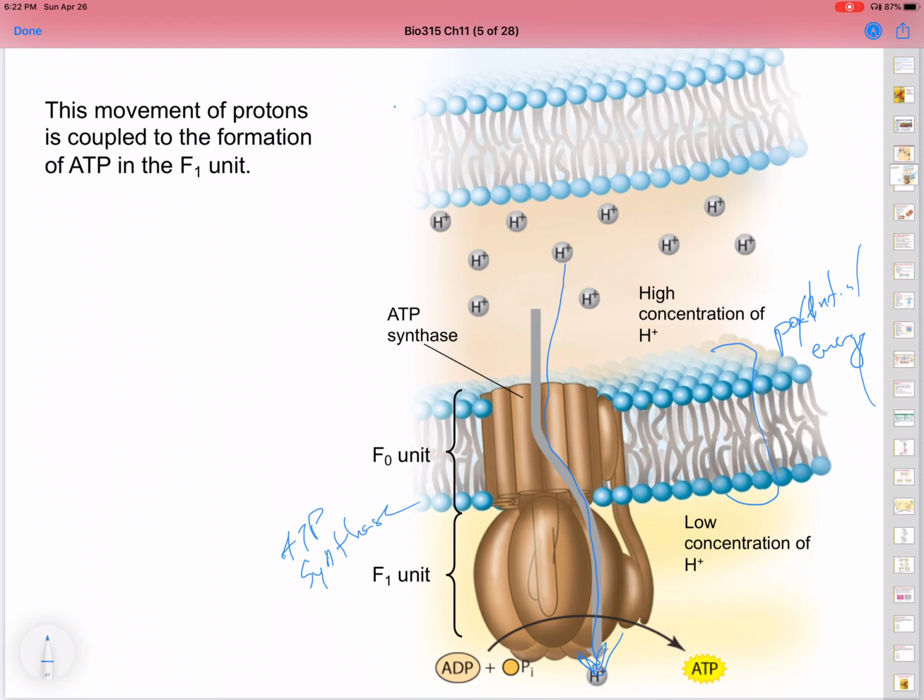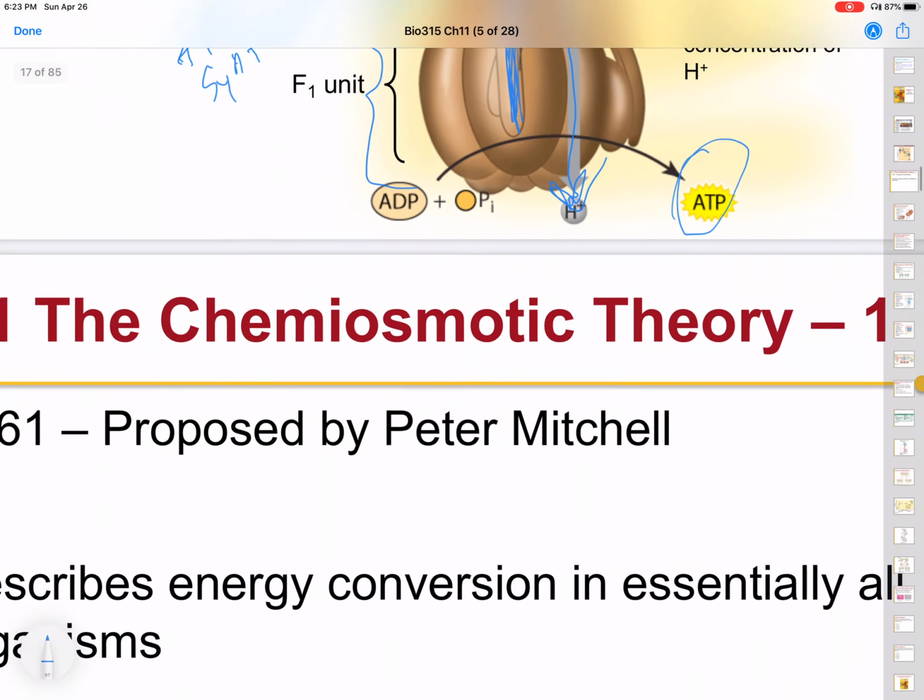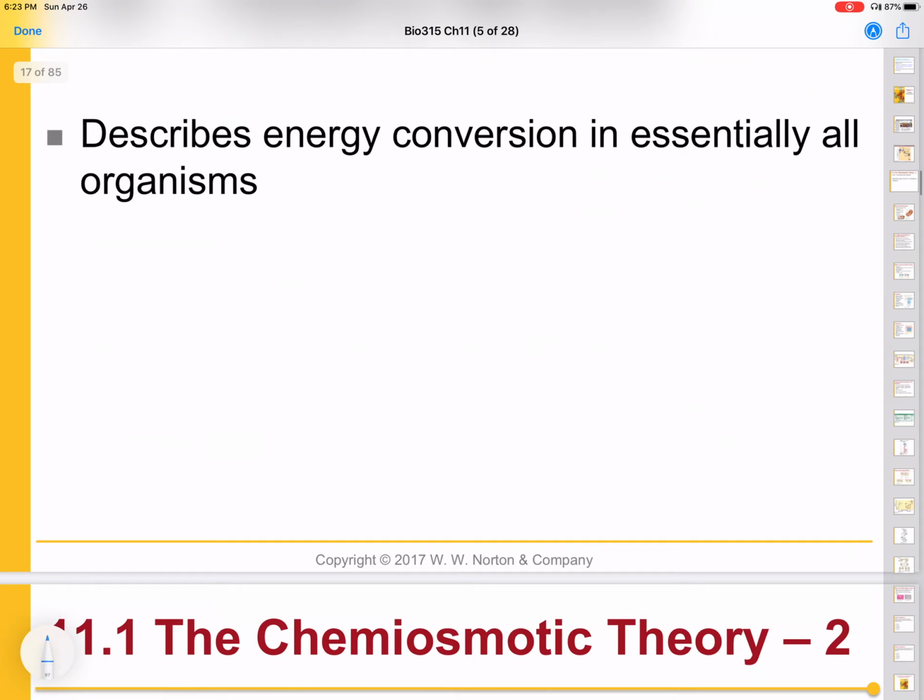And this is a gorgeous enzyme. It has a transmembrane unit called F0, and then the catalytic unit called F1. The way they work, it's taking the potential energy of this membrane, converting it to mechanical energy via this axis, and then translating that mechanical energy to chemical energy via the formation of ATP. We'll see that in a little more detail later on.